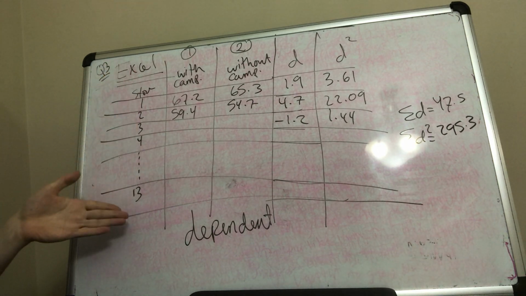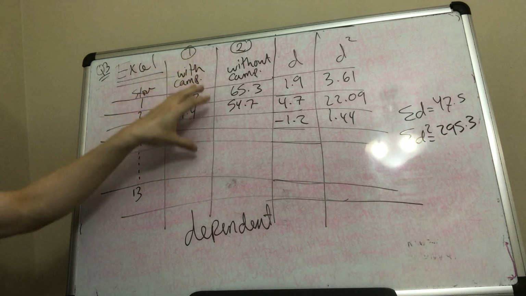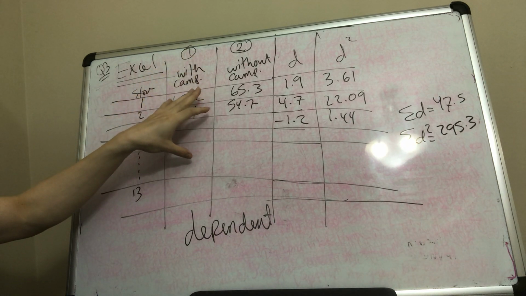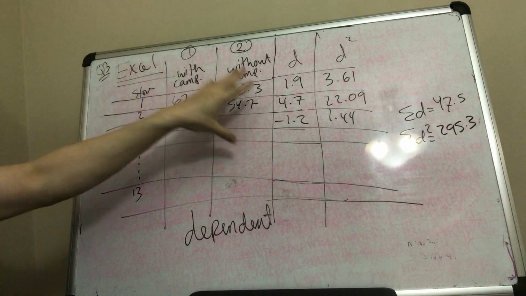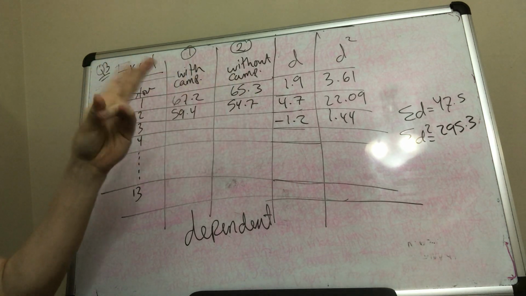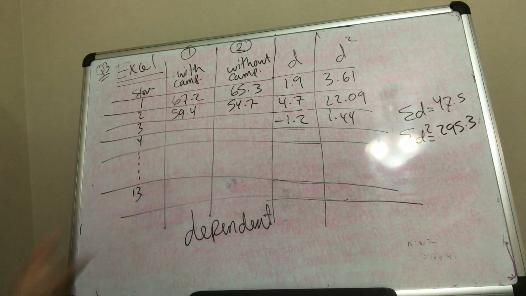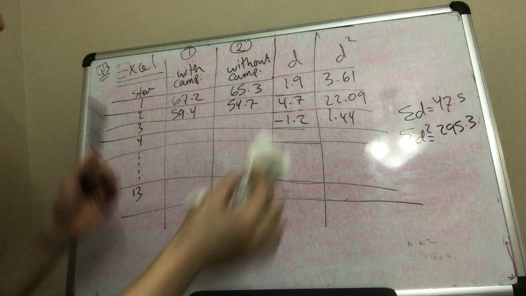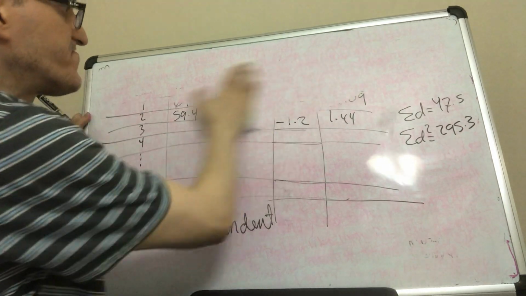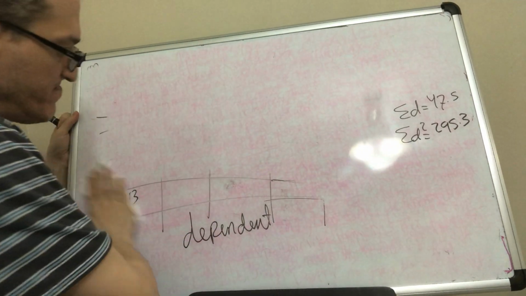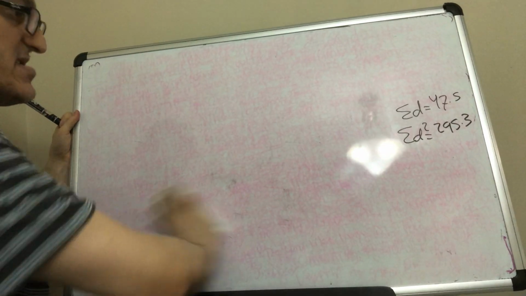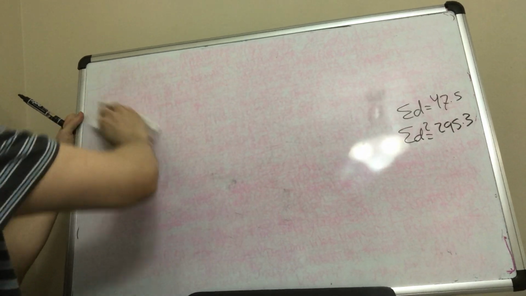You have 13 stores, the same 13 weekly average sales with campaign and the same 13 without. So it's one group performing two tests. That's a dependent system, and that's what we do when you have a dependent system. So you go back to the question. All I need from Excel is basically just these two numbers.